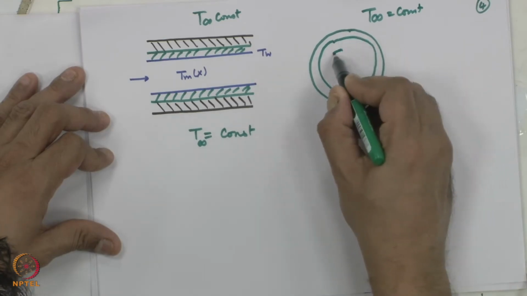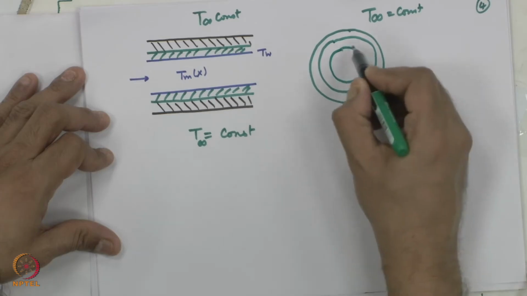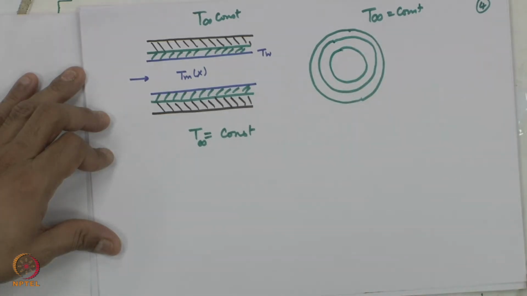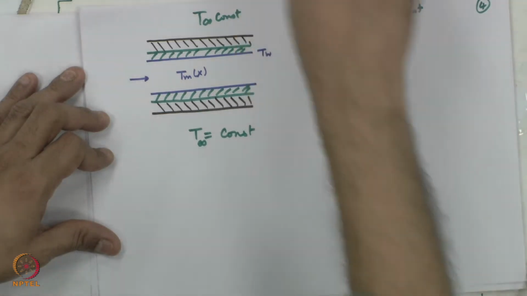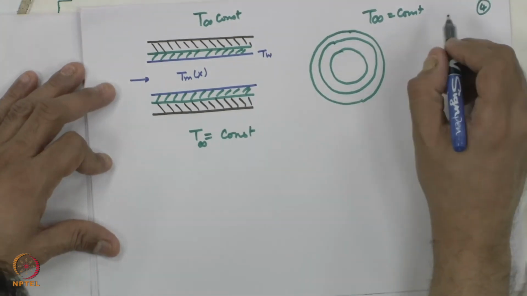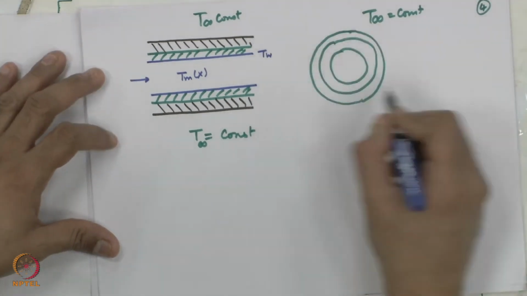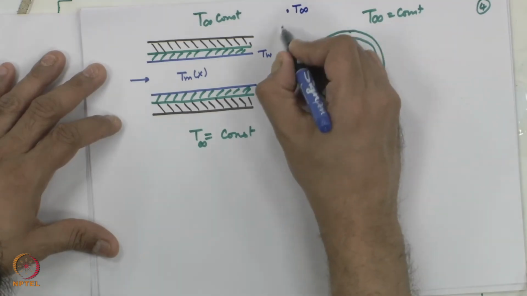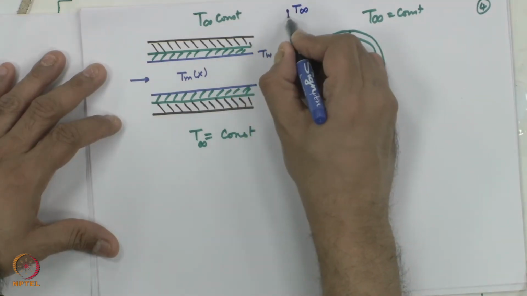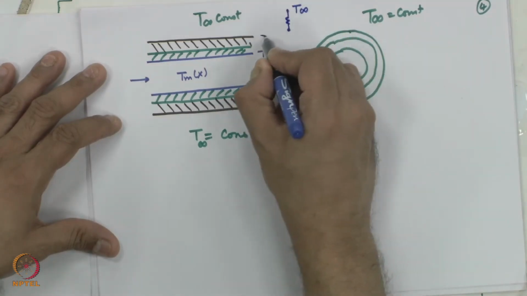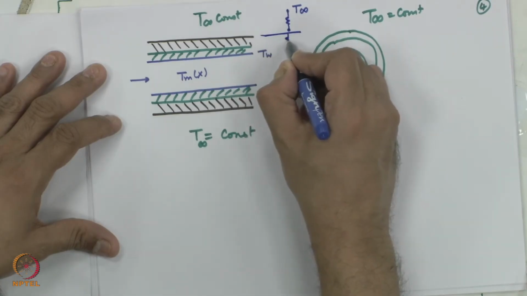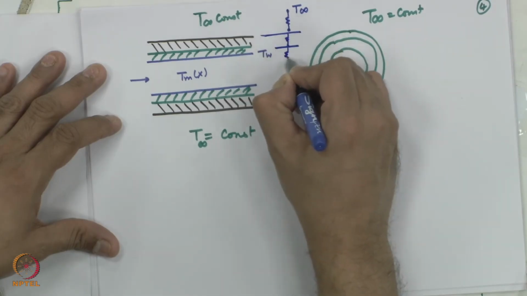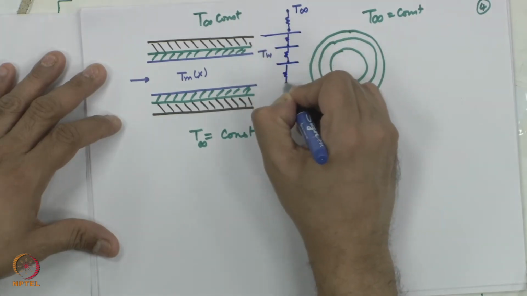This is one, this is the other, and this is your central pipe. Okay. So, if I were to do that, I will say here the resistance network would be T infinity, there is convection to this solid surface, then there is conduction here, another conduction, and then another convection.